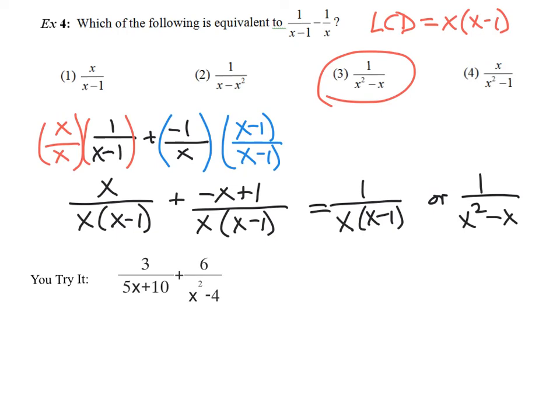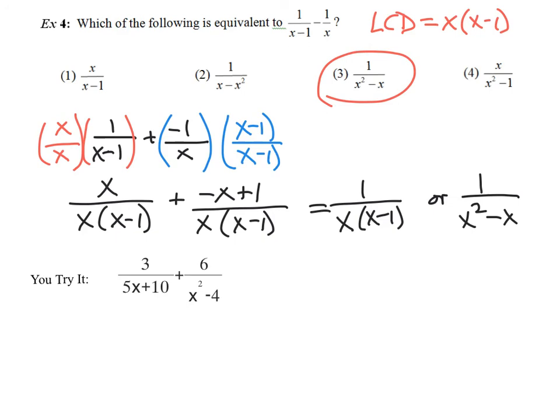For example number 4, the least common denominator should be x times x minus 1. So the first fraction has to be multiplied by x on the top and the bottom. The second fraction I changed to add the opposite, so now I have a negative 1 in the numerator, and it's missing the factor x minus 1. So I'm going to multiply the numerator and denominator by x minus 1.